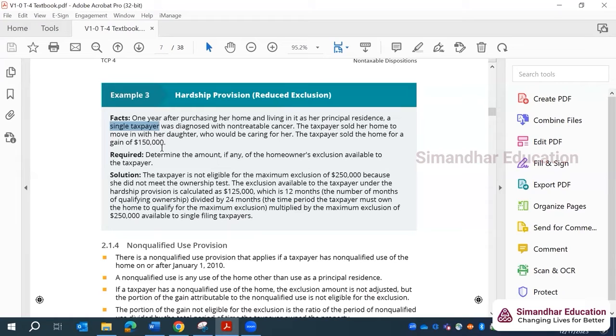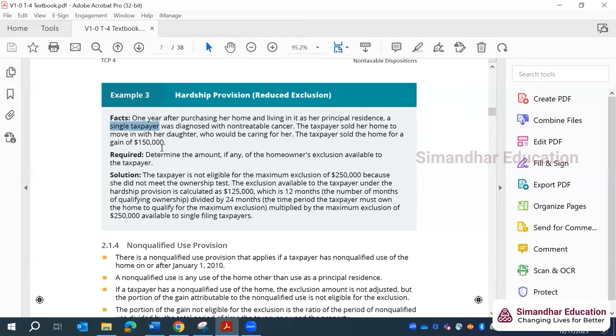Okay. In this same example, if we keep everything as is and we change the filing status of the taxpayer to married filing jointly, and they both satisfy the use requirement, and the husband is satisfying the ownership requirement, then the first question is, what will be the exclusion amount that will be available to them?